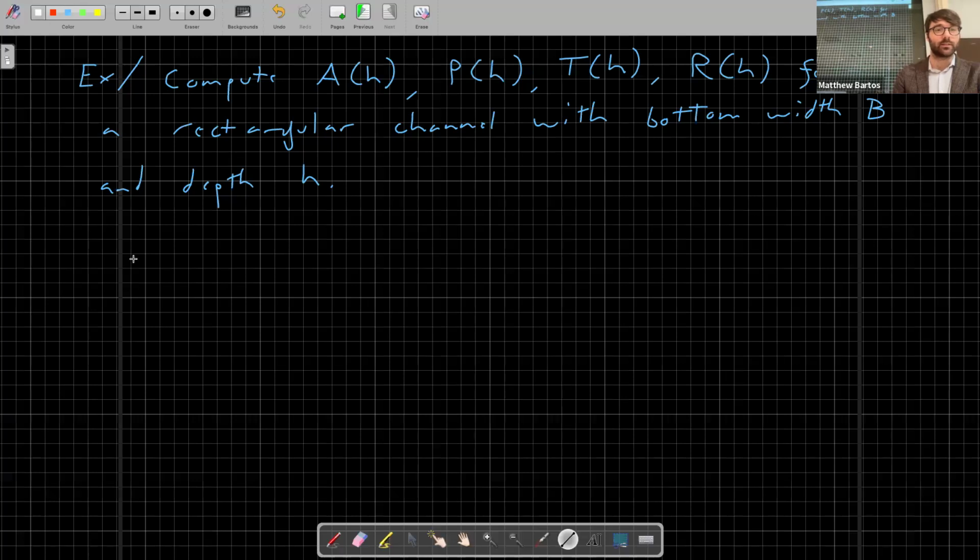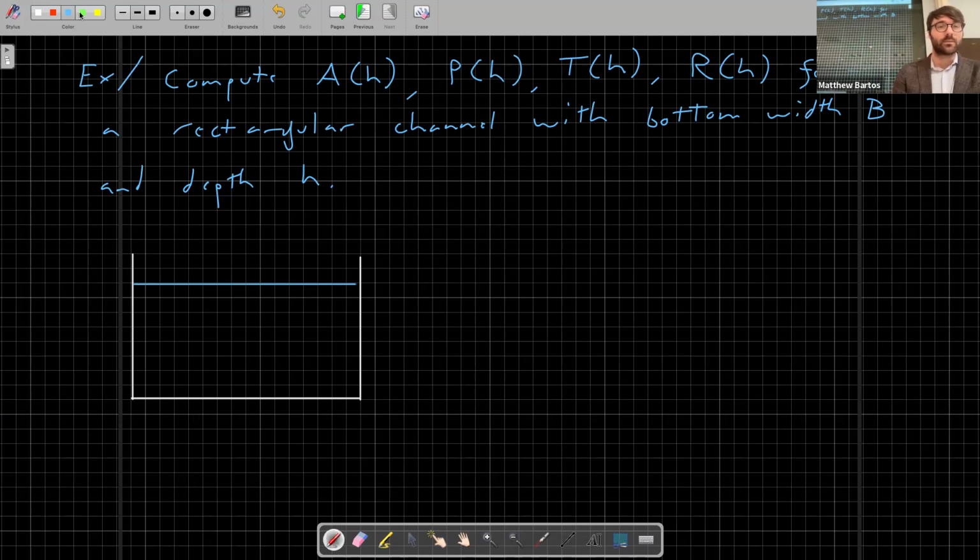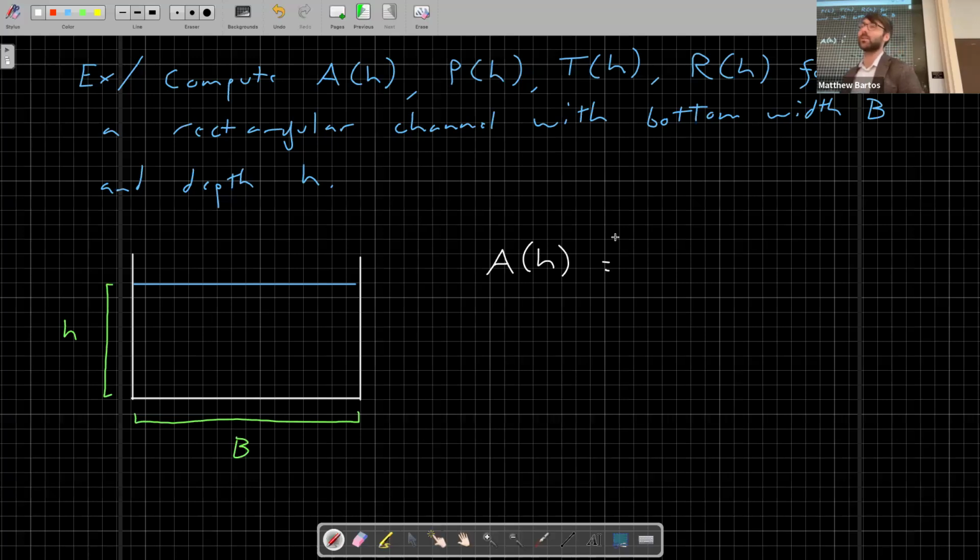So let's draw out our channel. So again, we have some water depth H, some bottom width B. All right, first, cross-sectional area as a function of H. How can we express the cross-sectional area of flow as a function of the depth H?